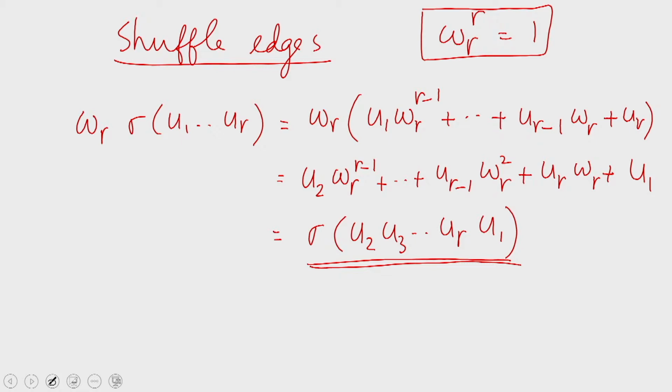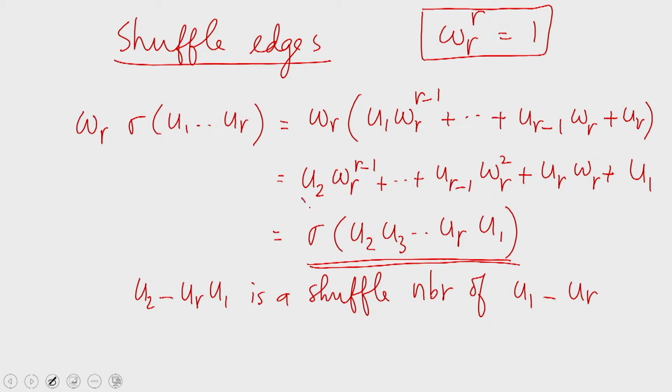u2 through ur u1. But u2 through ur u1 is a shuffle neighbor of u1 through ur. And on the complex plane, these two quantities are related by a multiplication with omega r.